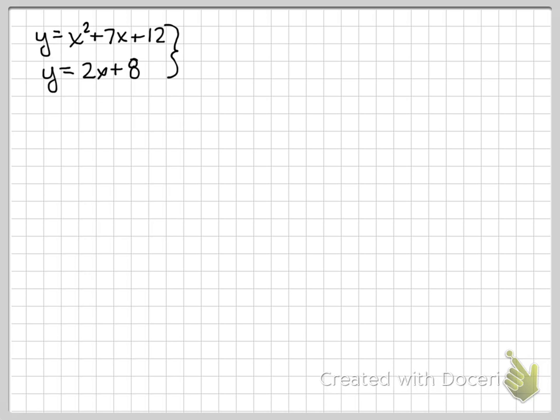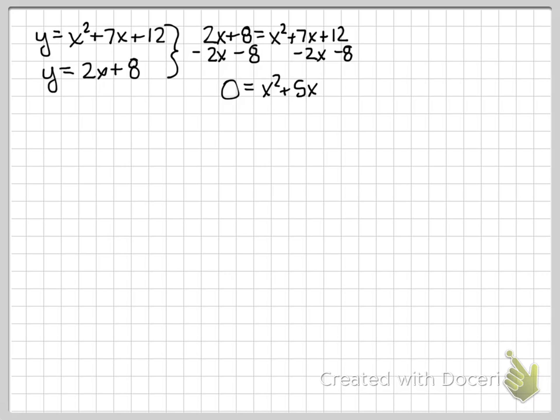And then you're going to set them equal to each other. Now, in order to solve a quadratic, that's the x squared, we have to get it equal to 0. So I'm going to have to minus the 2x from both sides and minus the 8. And I get 0 equals x squared plus 5x plus 4.